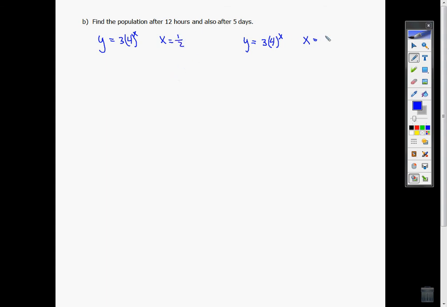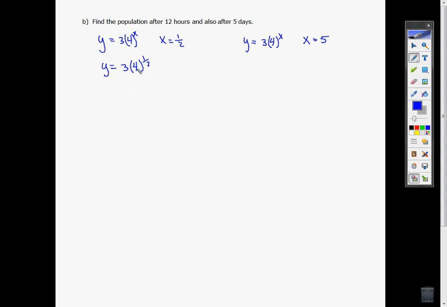Now what about in our second example? I need to represent 5 days. X is supposed to be in days, so that one's easy. That's just a 5. And now it's a matter of evaluating. If you were okay doing example 2, this shouldn't be too difficult. Y equals 3 times 4 raised to the 1/2.